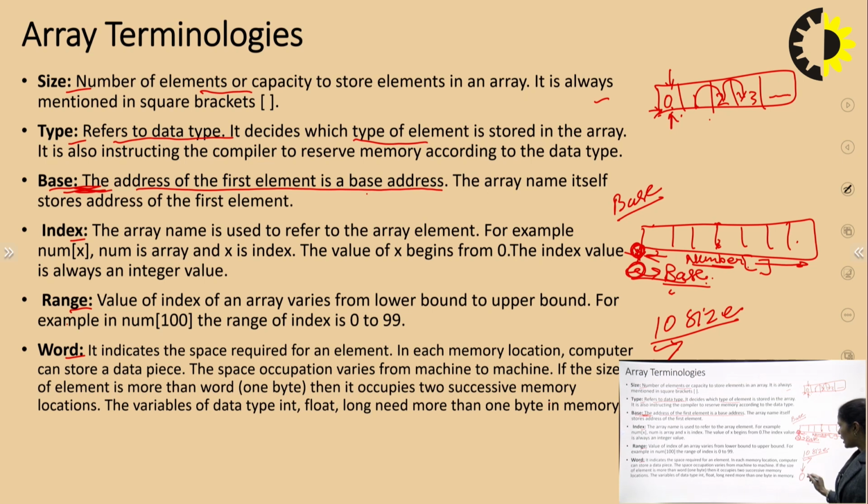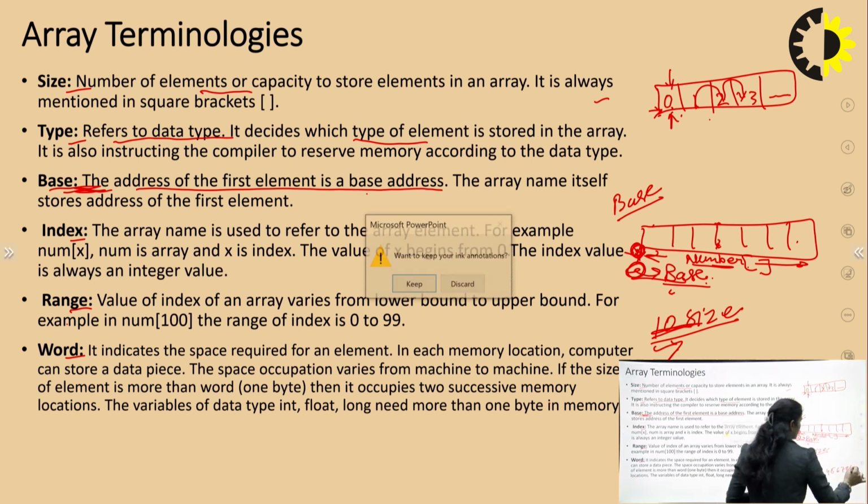So we want to collect 10 elements in the same array: 0, 1, 2, 3, 4, 5, 6, 7, 8, 9 and 10. Just suppose I am writing 10 here also.